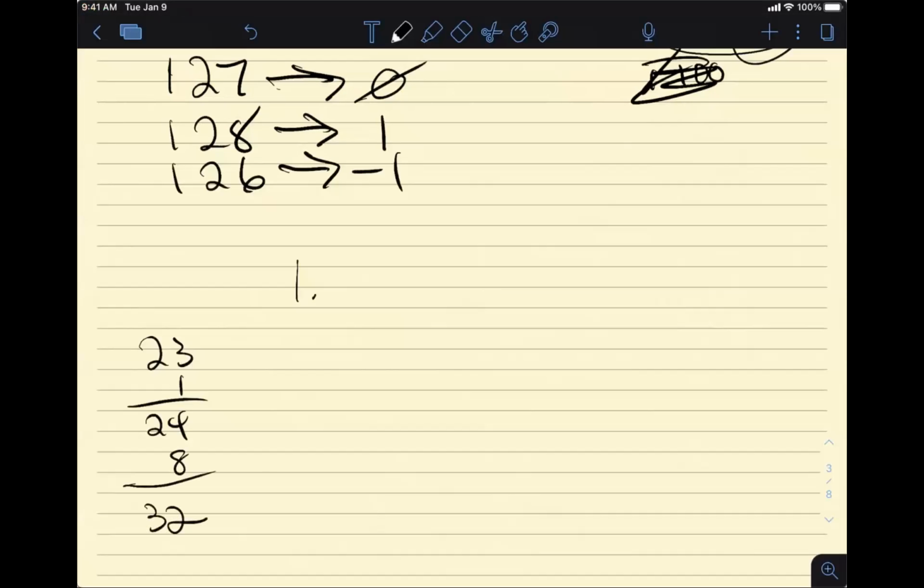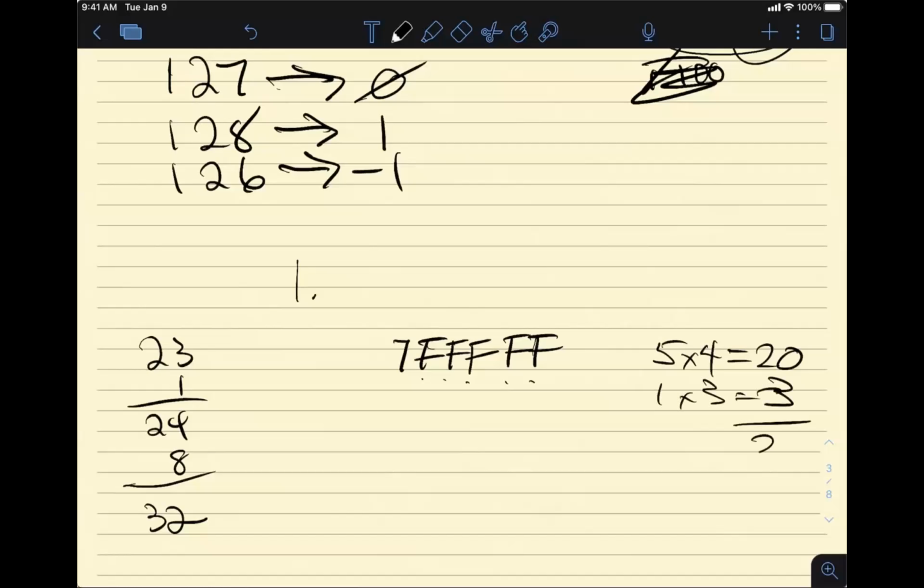Okay, so 23 bits. There's 4, 8, 16, 20, and then a 7. So that is 1, 2, 3, 4, 5. So 5 times 4 is 20. And then 1 times 3 is 3. That's 23 bits. All right, now let's take a look at the output.